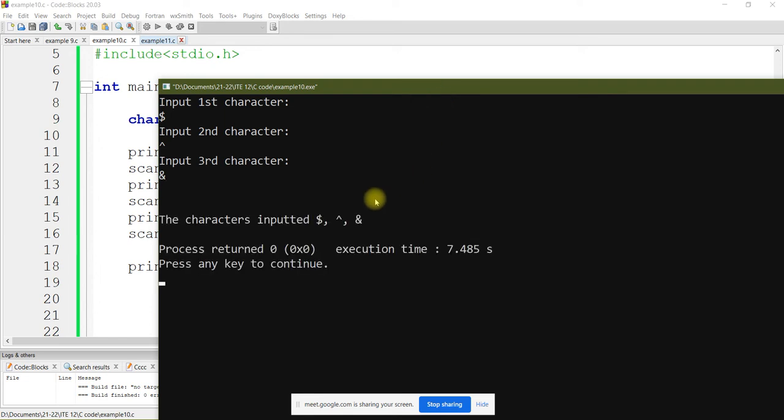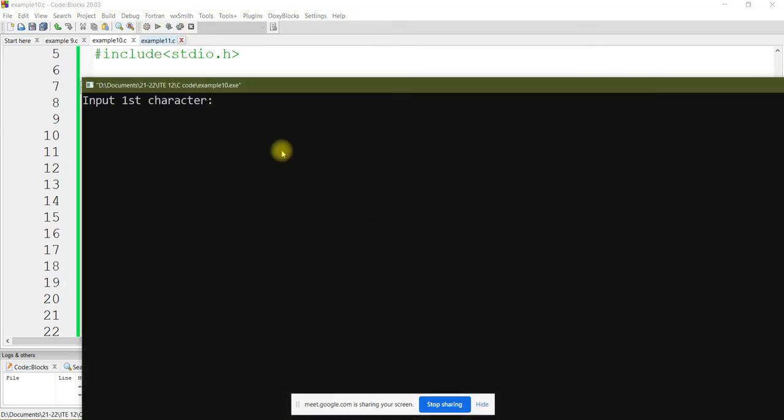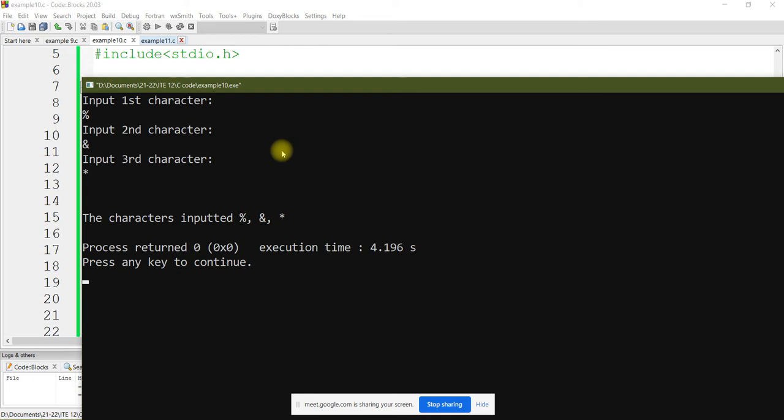As you may have noticed, it still prints the ampersand. The last one was input without a space in between. But please do not do this one.